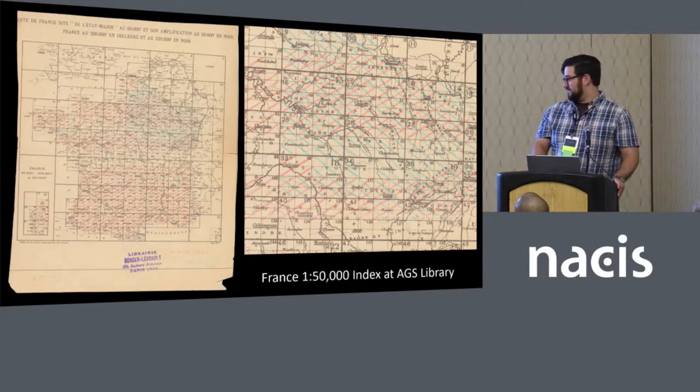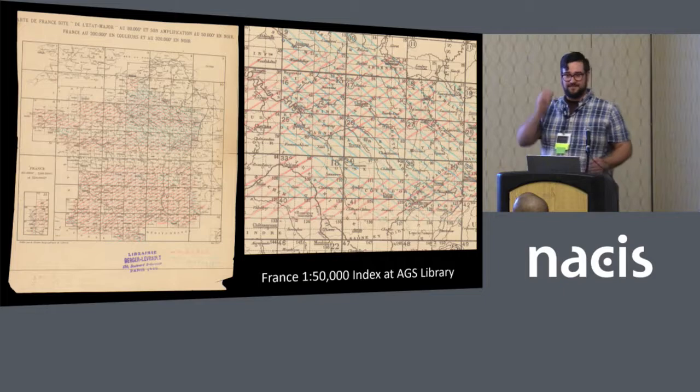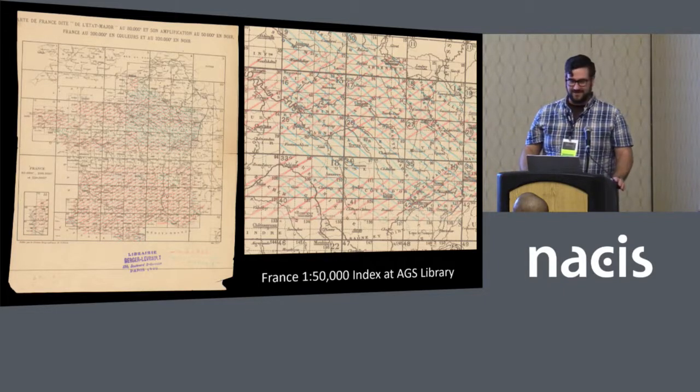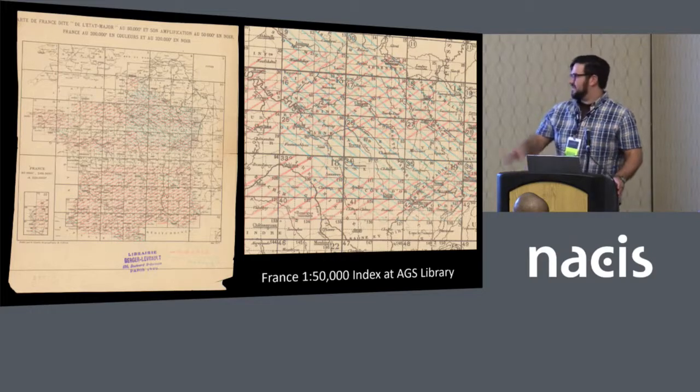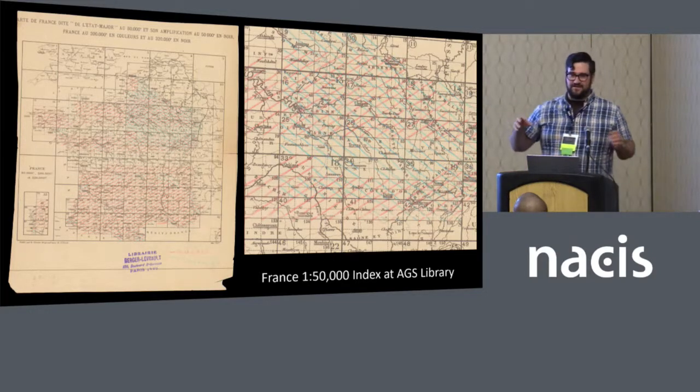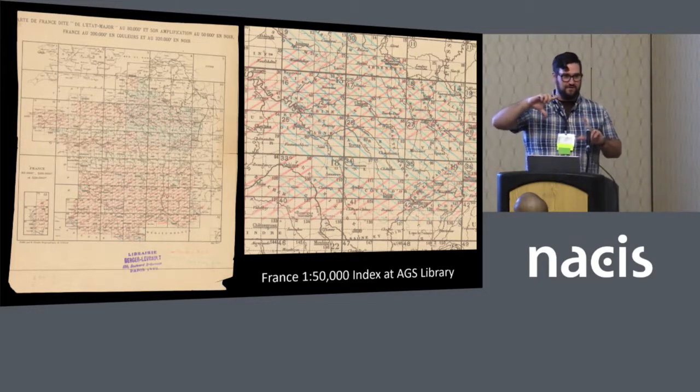So to anyone who's either worked or researched in a map library, this is probably a pretty familiar sight. This is just one example that we pulled from the drawer at the AGS library, showing the index map for our France 1 to 50,000 scale. Keep in mind that this map on the left is no bigger than a sheet of printer paper.